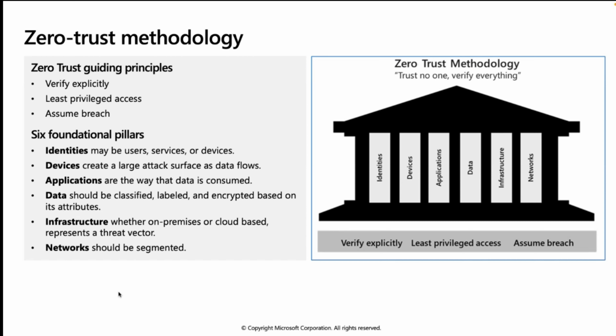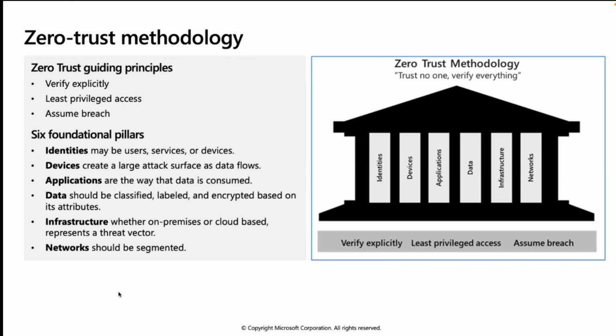Now, I mentioned infrastructure. So infrastructure, of course, can either be on premises, i.e. where you work, or it can be cloud-based, all right? And the concept of networks. So a network, of course, networks are great because we can connect together, we can work together, but what Microsoft suggests is networks should be divided.